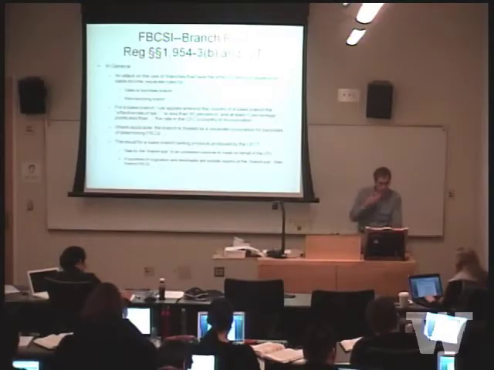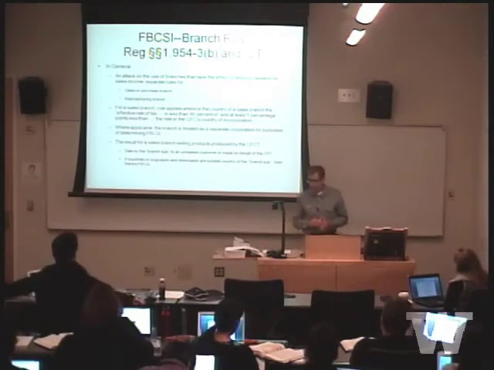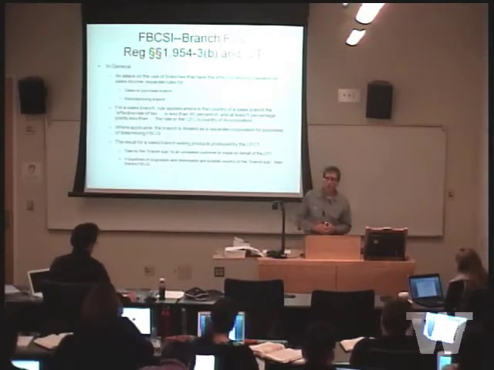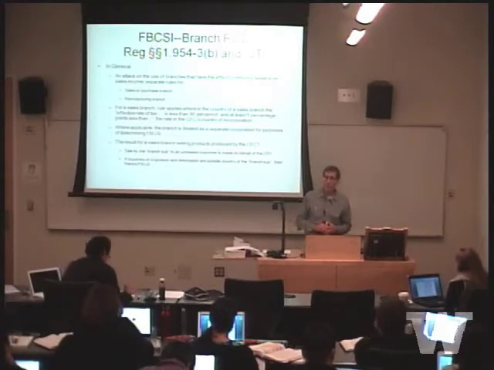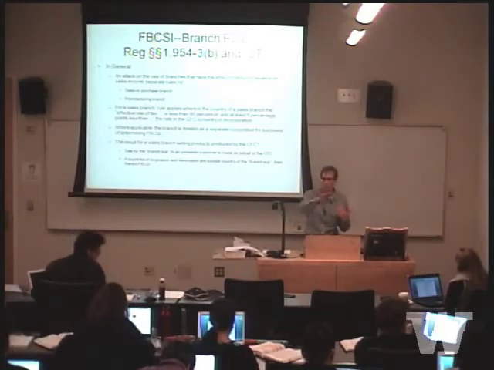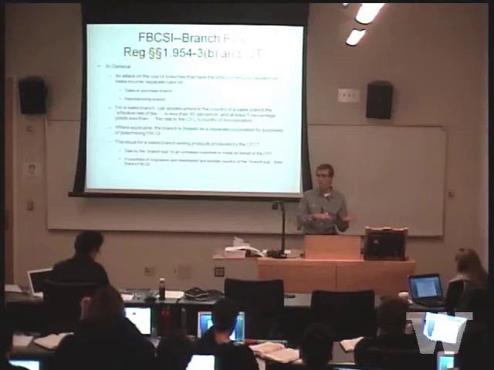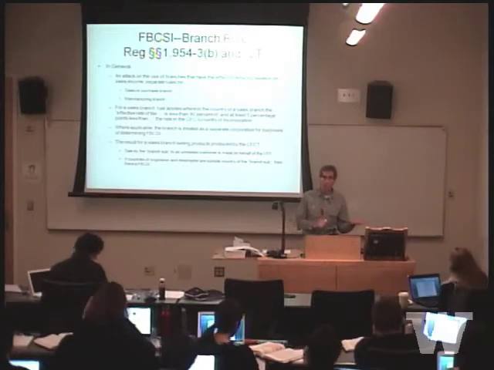Now let's talk a little bit about the branch rule. Now, the overall concept is, and this is where I was speaking before, that the U.S. rules are not consistent in whether they encourage or discourage tax planning that reduces foreign taxes.